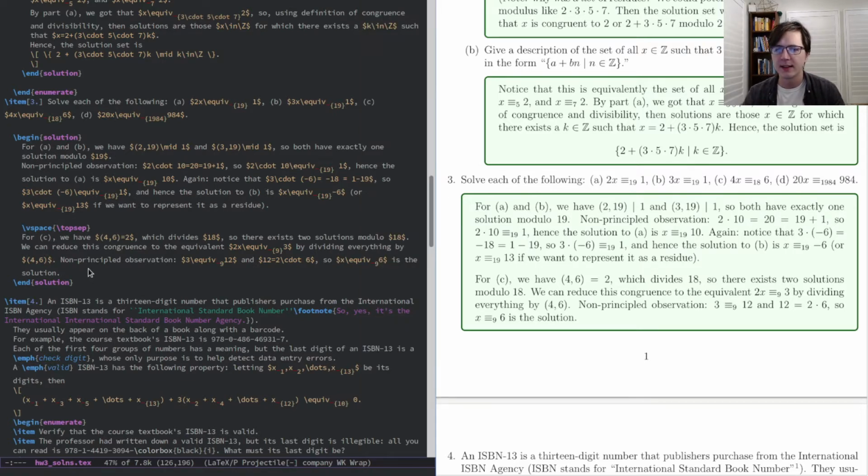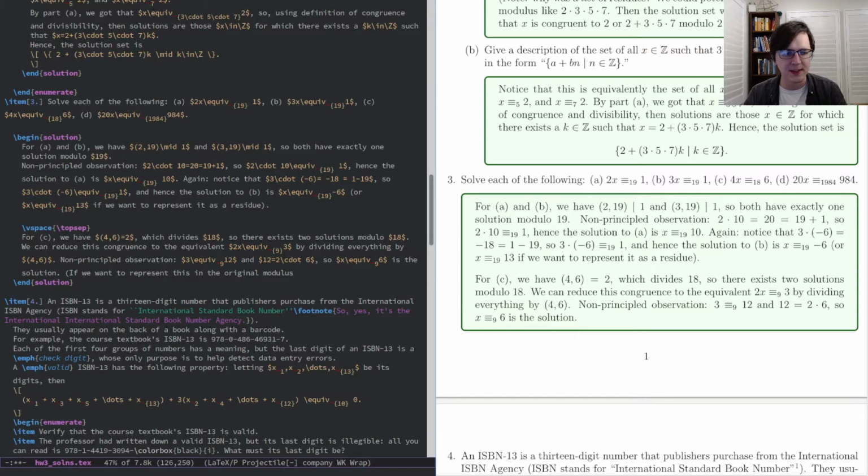I guess I may as well mention, or I should say also, if we want to represent this in the original modulus, and this goes back to the earlier problem that we talked about, the 24-hour clock.